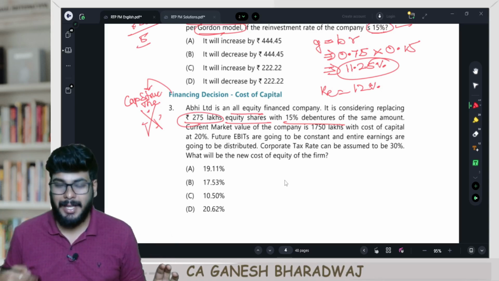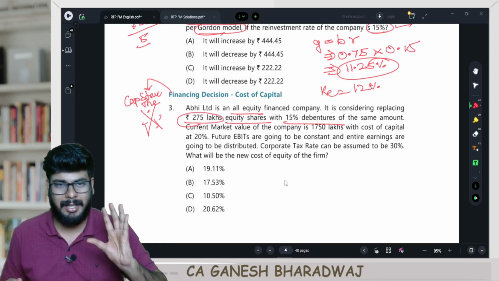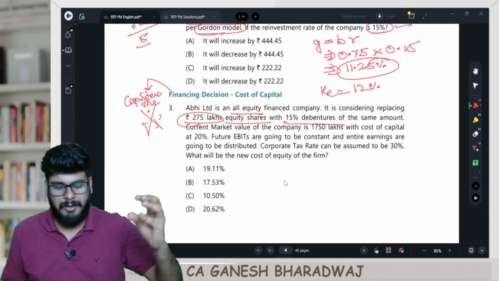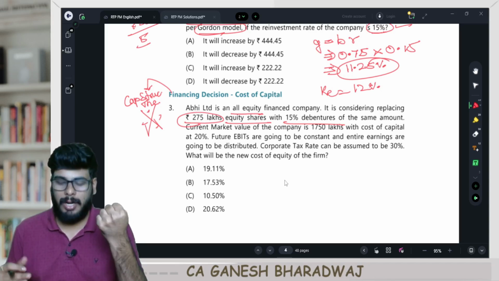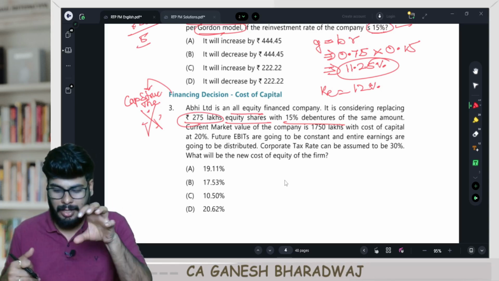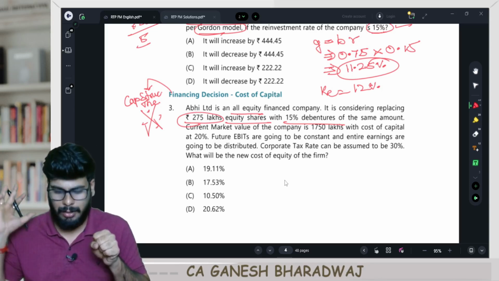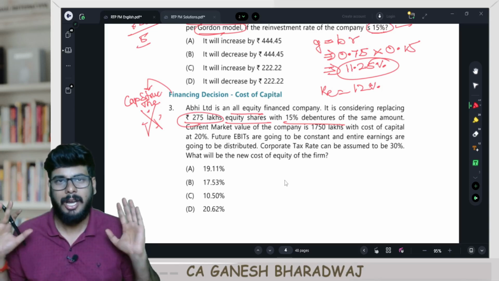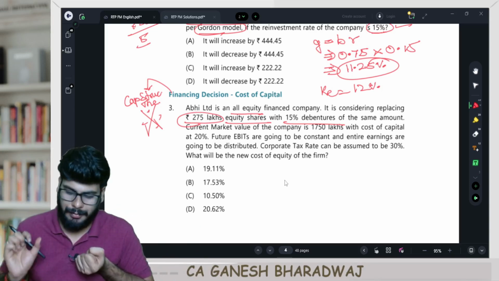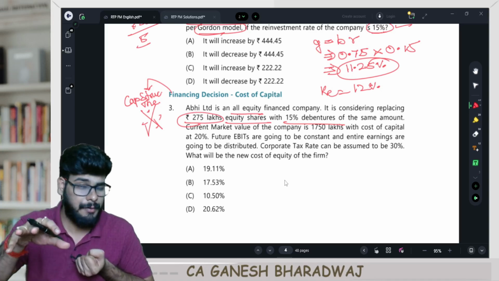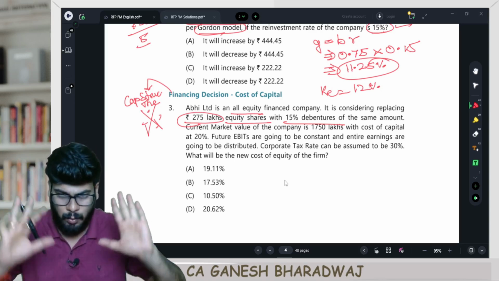Now they are planning to buy back, or in other words, of the total equity, 275 lakh rupees worth of equity alone they are planning to remove by issuing debentures to the equity shareholders. Are you clear with this? This is what they are saying basically. Or they will buy back this 275 lakh rupees worth of equity shares, and instead they are going to introduce 275 lakh rupees worth of debenture. This is what they have mentioned.